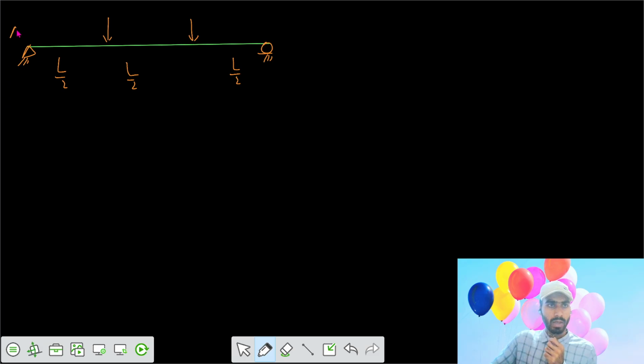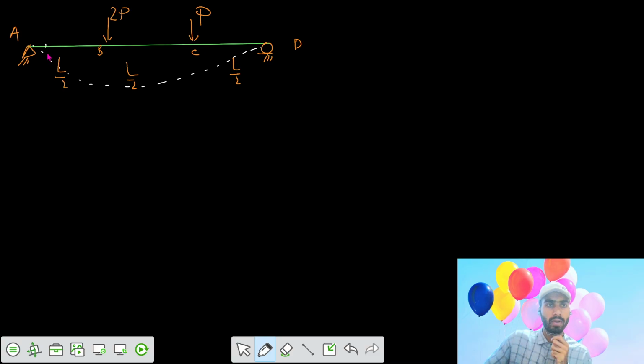This is your support A. Here the point is B, point is C, and point is D. Here the load is P kilonewton, and here is 2P. So the deflection profile would be somewhere like this.